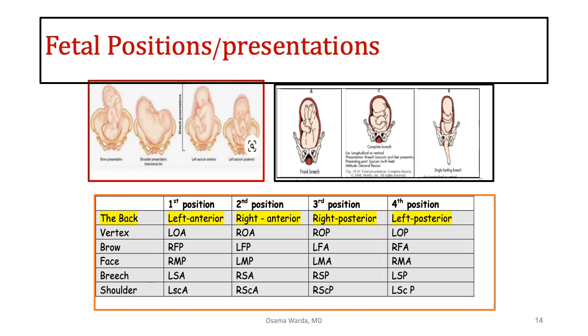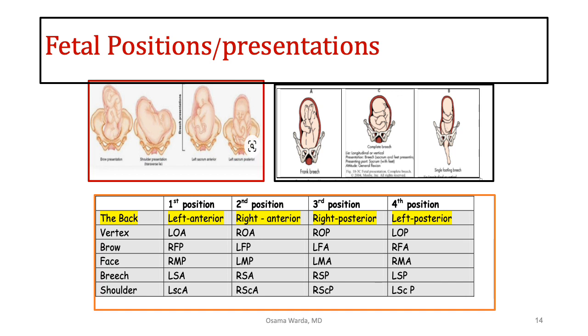So the same positions are present in vertex. That's to say, the first position is left occipito-anterior, and left anterior. The second, right anterior. The third, right posterior, and the fourth is left posterior.